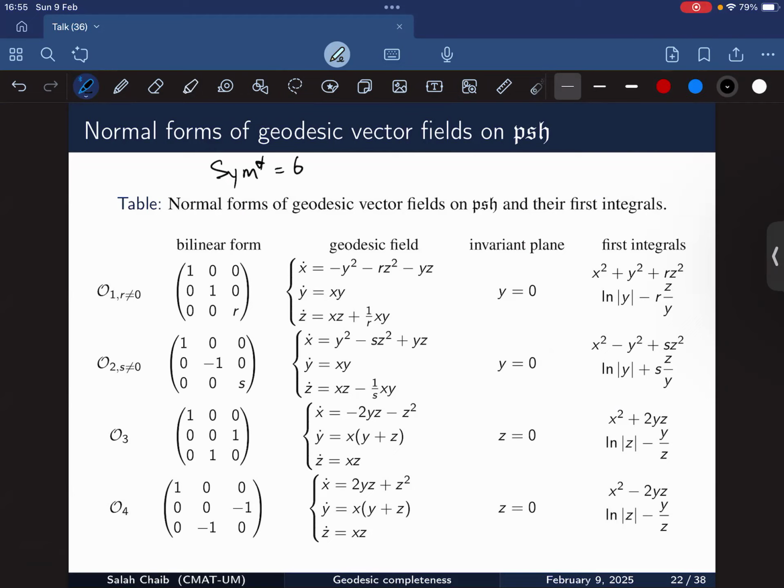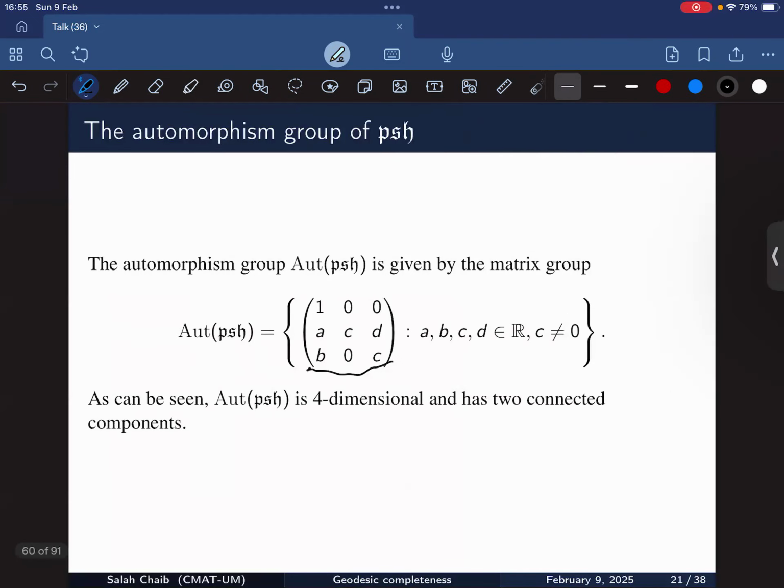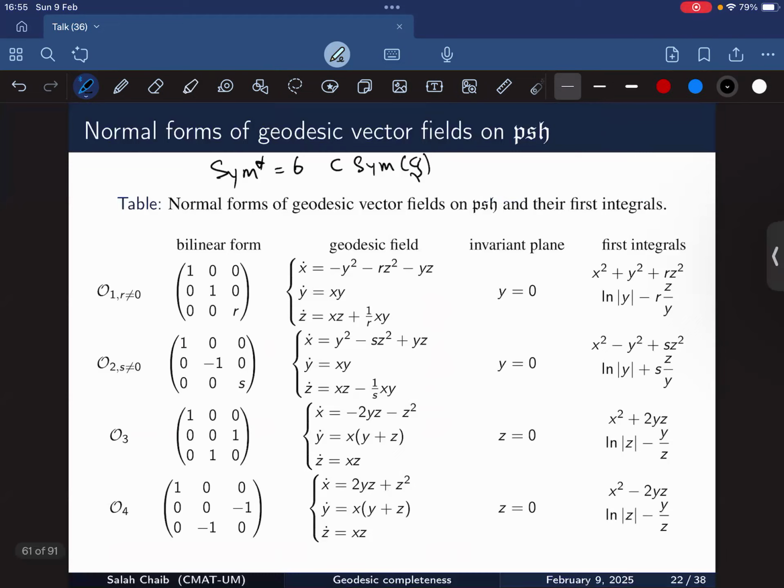This has dimension 6, and it's inside the vector space Sym of G, which is all symmetric bilinear maps. We act by the automorphism group on this space and quotient up to scale. Doing that, we get a one-dimensional set, given by these representatives.